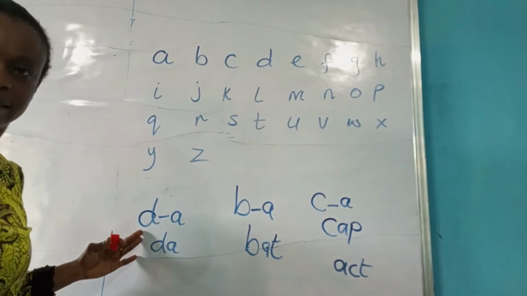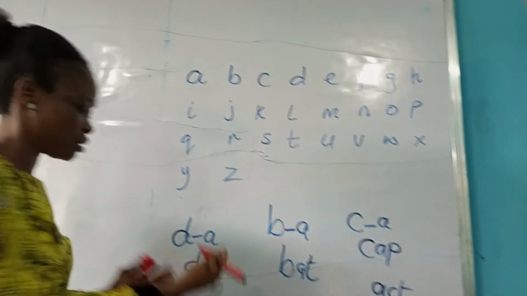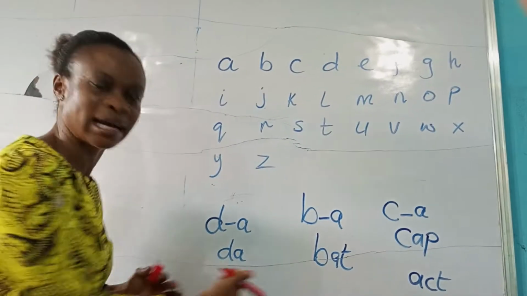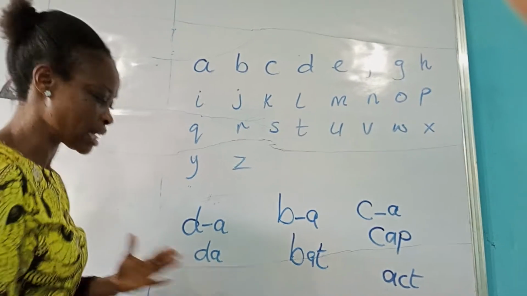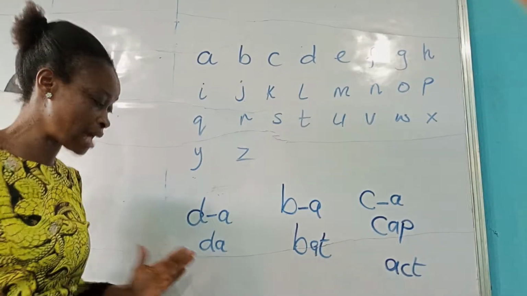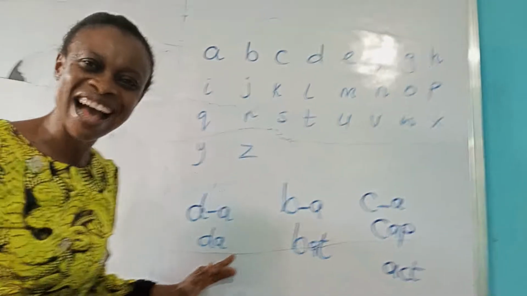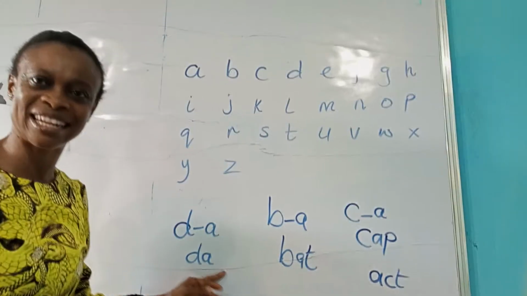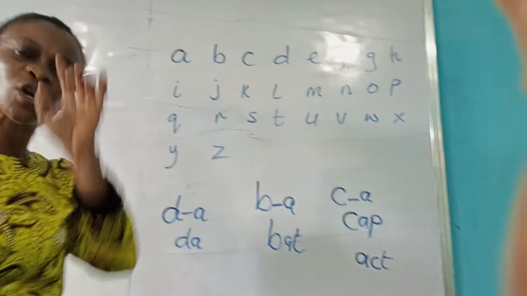Letter D sound D, letter A sound A. Together, we have da.